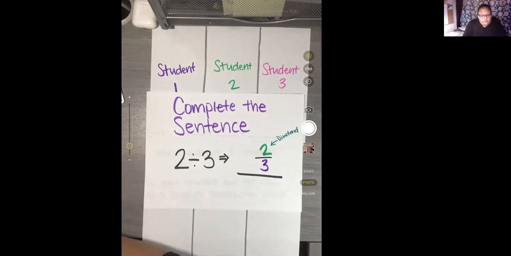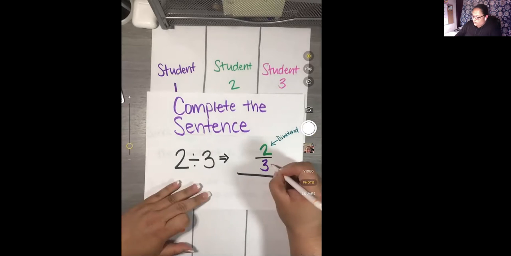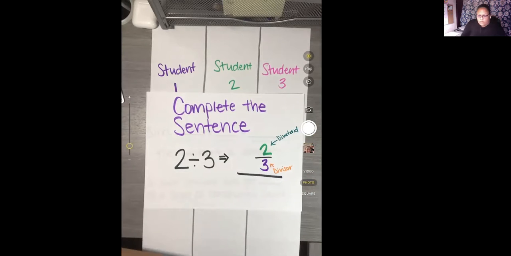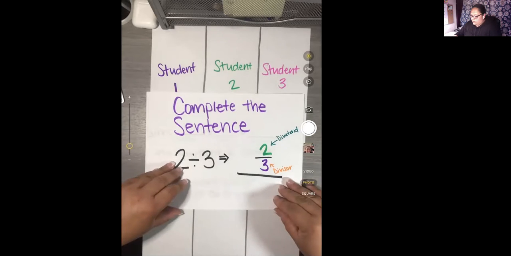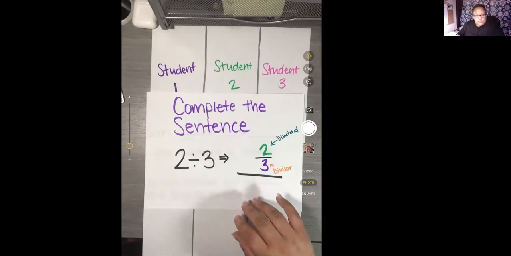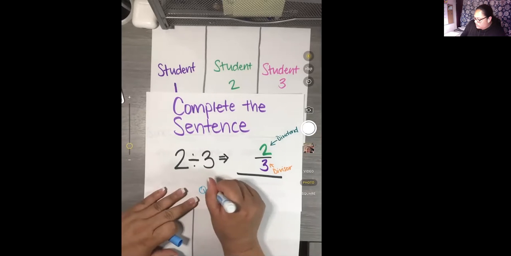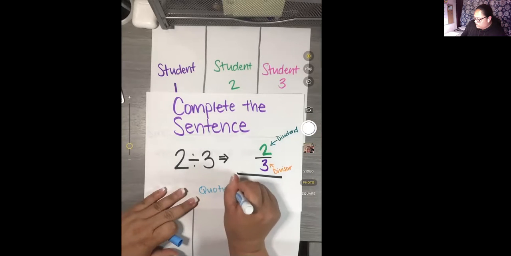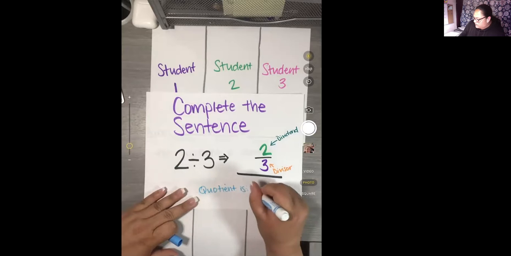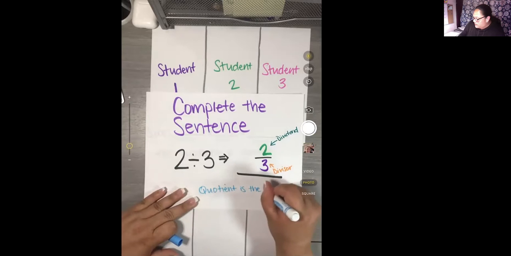This number represents our divisor. And whatever that equals is our quotient. Let's put in baby blue. The quotient is the answer.